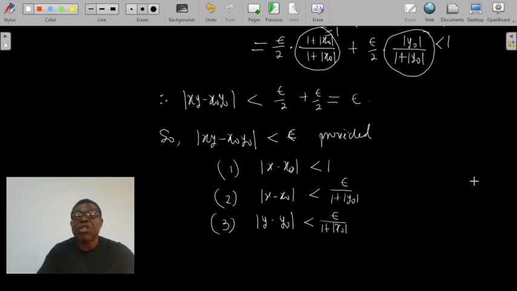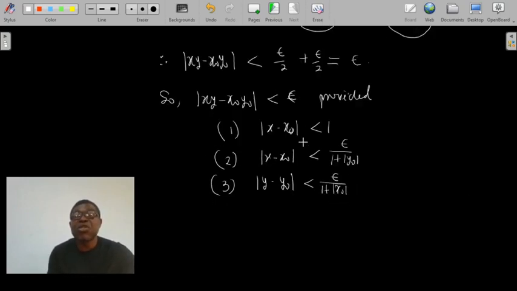But the first 2 controls must be satisfied by absolute value of x minus x naught before we can get it.